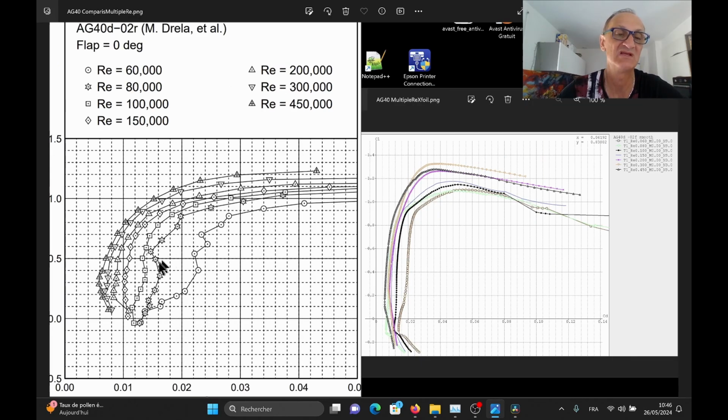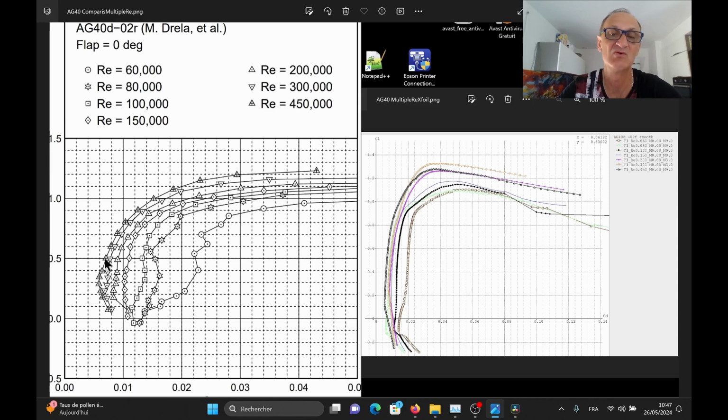If we now choose the last polar on the wind tunnel graph, the last curve on the left, which is a Reynolds of 450,000, which is likely to be a speed of 30 meters per second, rarely reached in F5J. Let's try to find out the discrepancies between Xfoil and the wind tunnel.